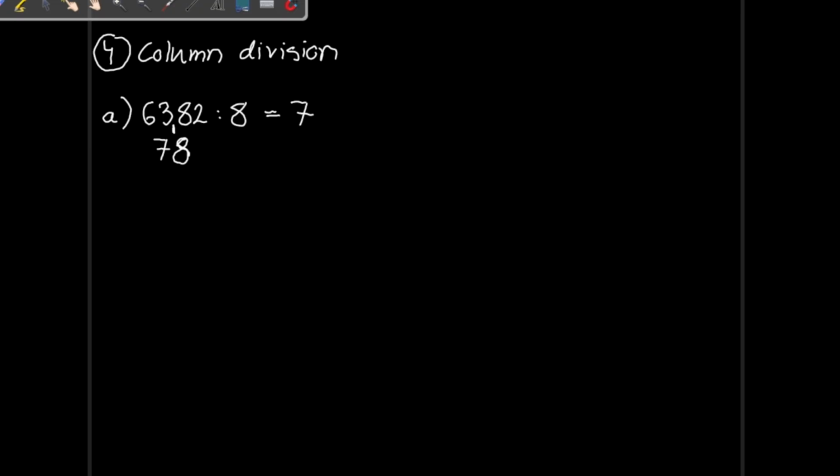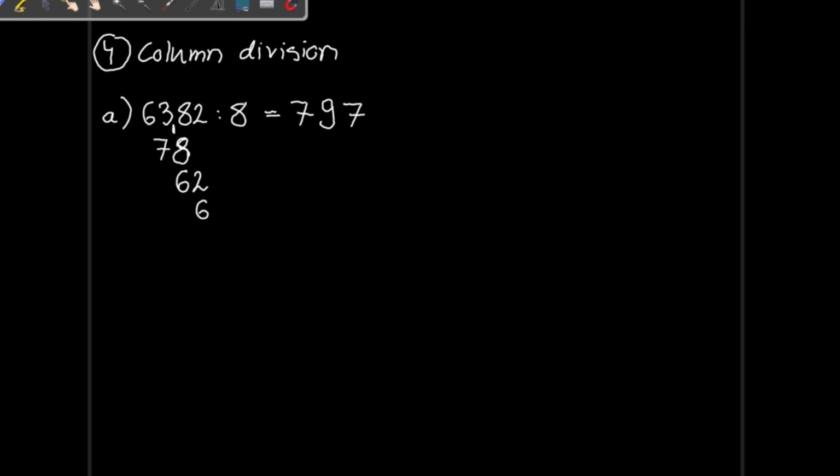So we know that 9 times 8 is 72, and then the remaining is 6. And once again we write the next number down, which is number 2. We divide 62 by 8, and once again we know that 7 times 8 is 56. The remaining part is 6.